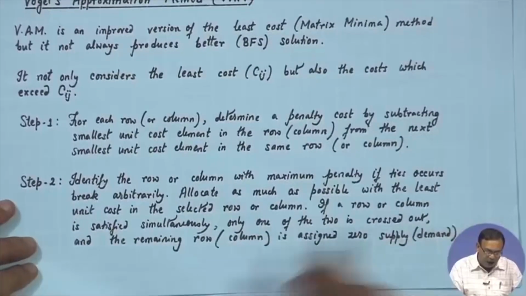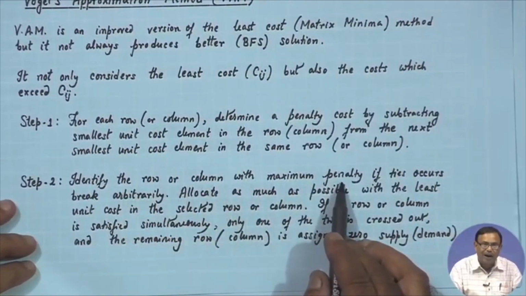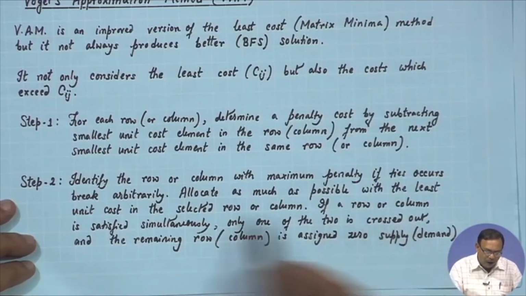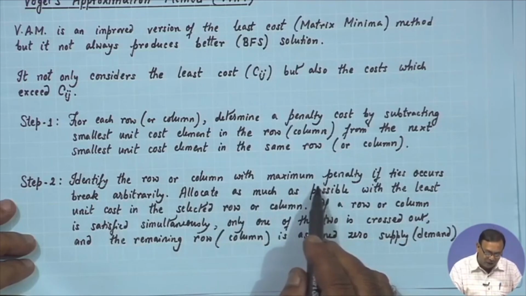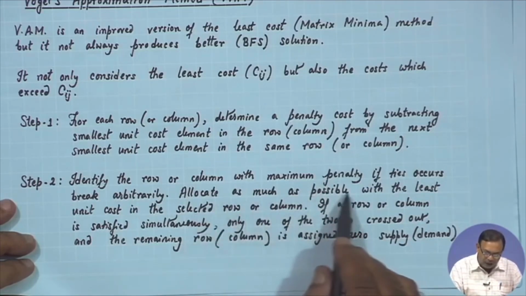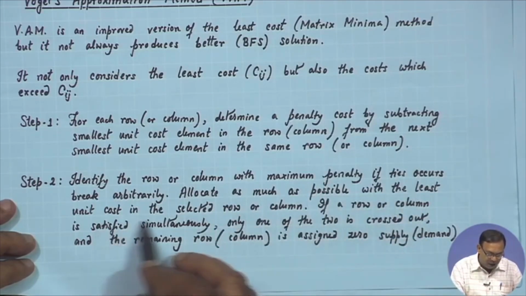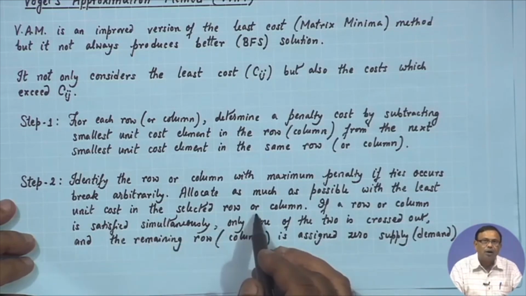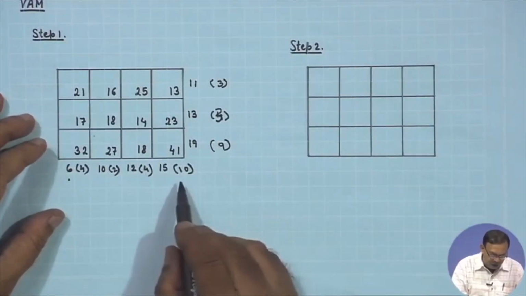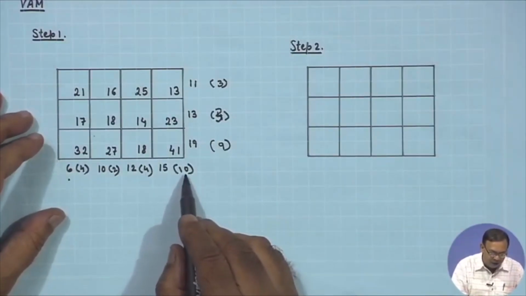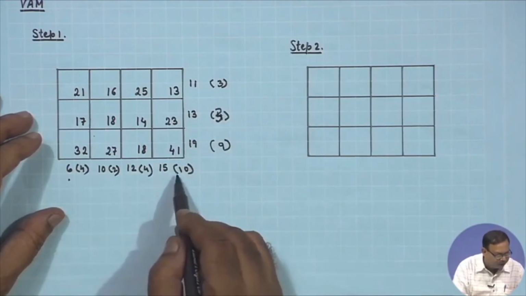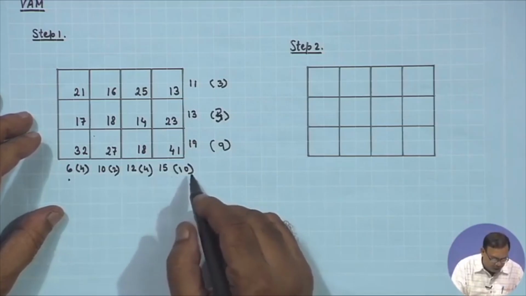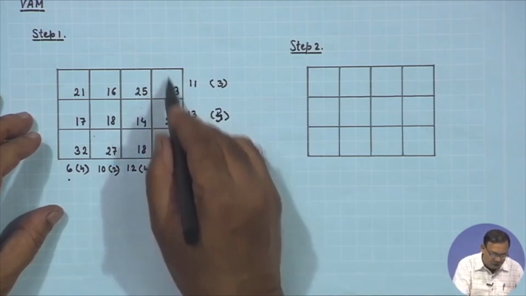Then identify the row or column with maximum penalty. Please note this one: identify the row or column with maximum penalty, then allocate as much as possible with the least unit cost in the selected row or column. Therefore, here your maximum difference is 10, out of 3, 3, 9 and 4, 2, 4, 10. So, basically I have to allocate on this particular column.